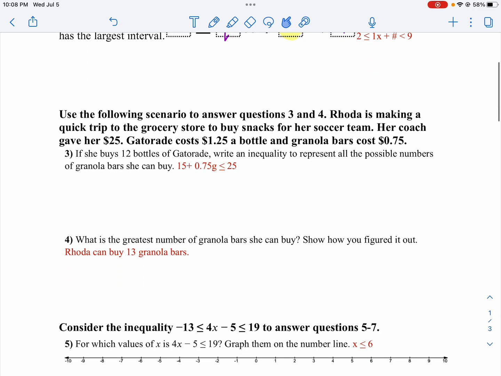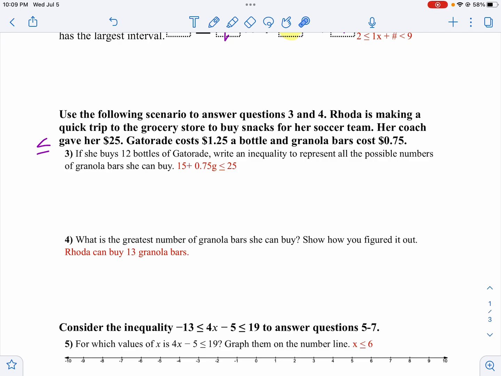On question number 3, we got Rhoda, and she's going to make a trip to the grocery store. Her coach gave her $25, so we know she can't spend any more than 25, so I know that's going to be less than or equal to. And it tells us we've got two things she's going to buy. She's going to buy Gatorade, which is $1.25, and granola bars, which are 75 cents.